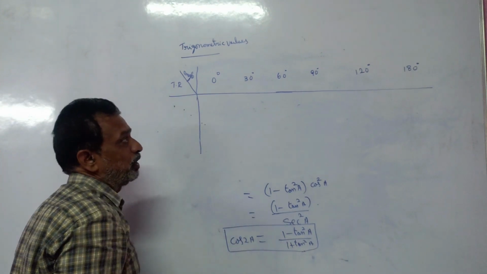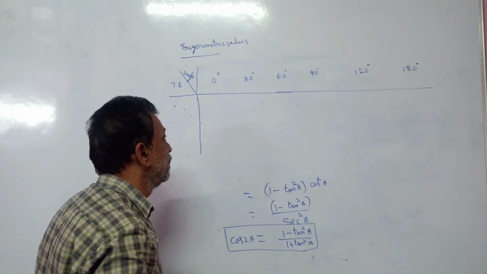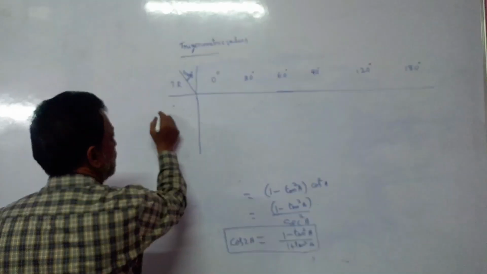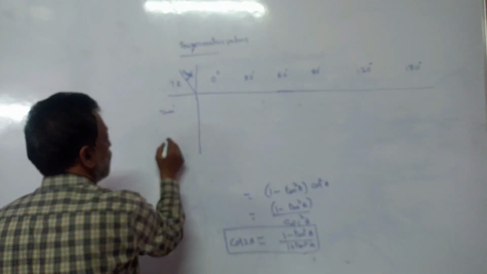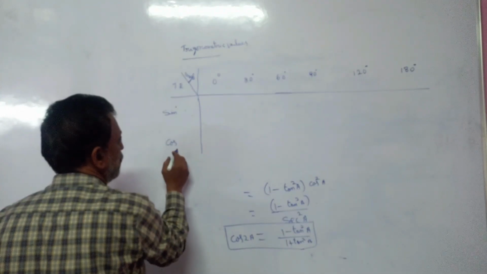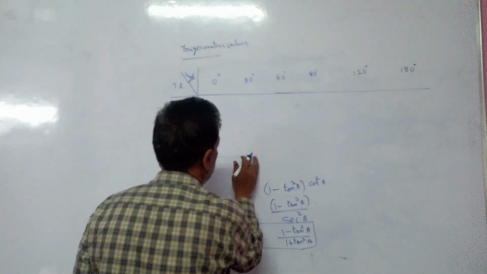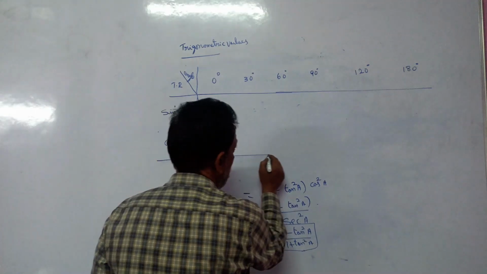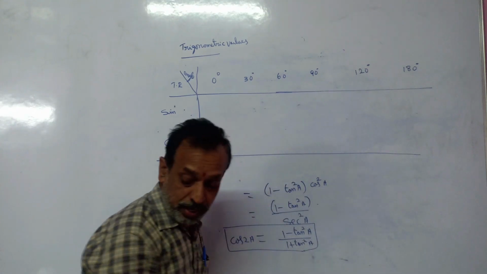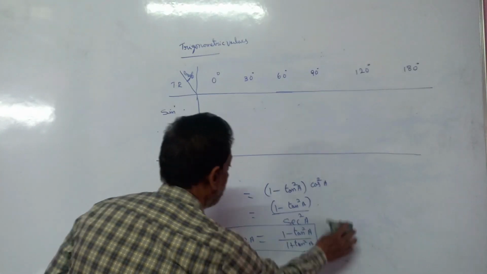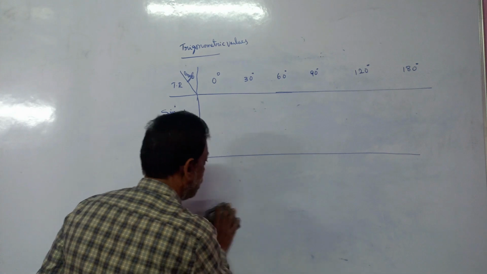But I will also tell you a shortcut method. Here are sin and cos; the remaining are the ratios of those.